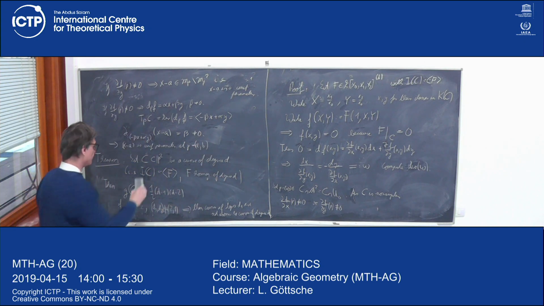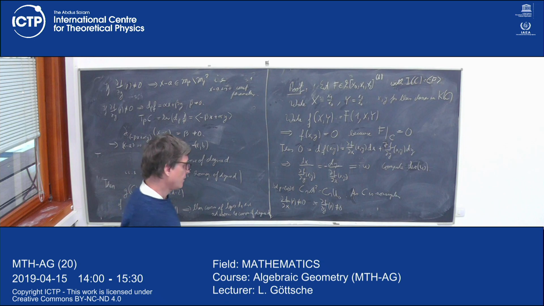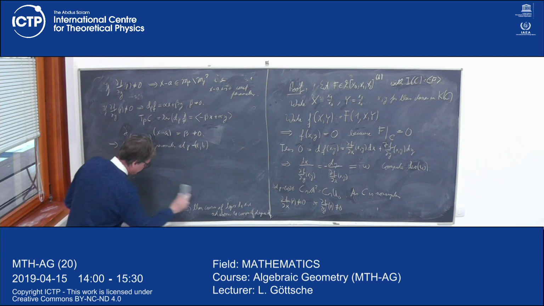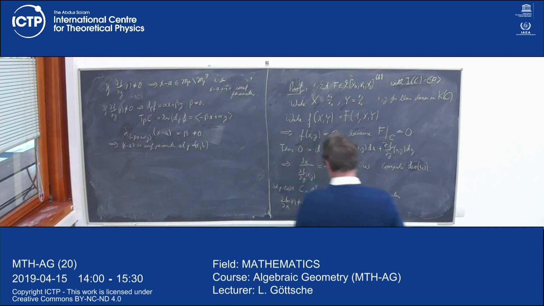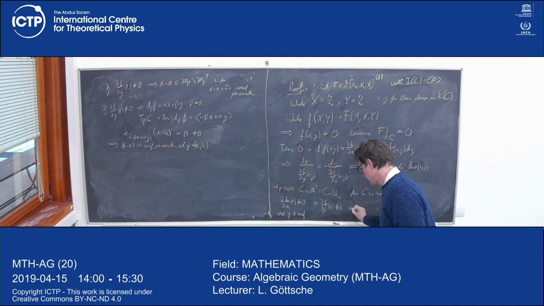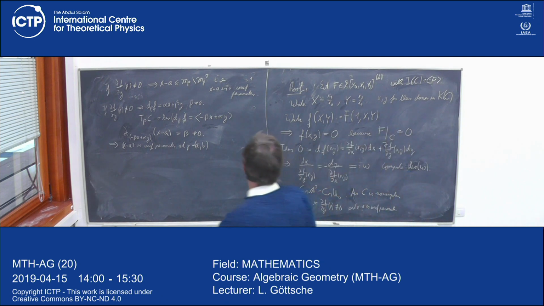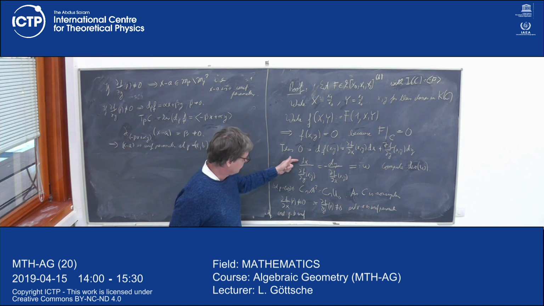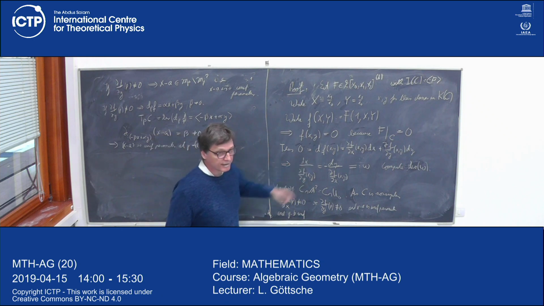Okay, the same argument obviously works the other way around: if the derivative is the other way, then y minus b is a uniformizing parameter, or x minus a is a uniformizing parameter. Note that dx is the same as d of x minus a.